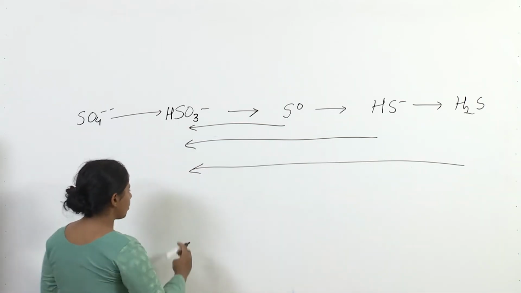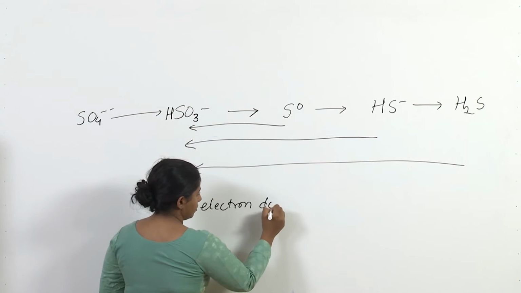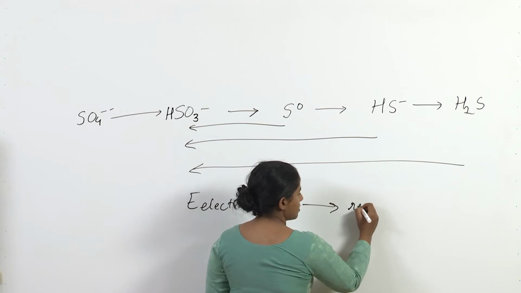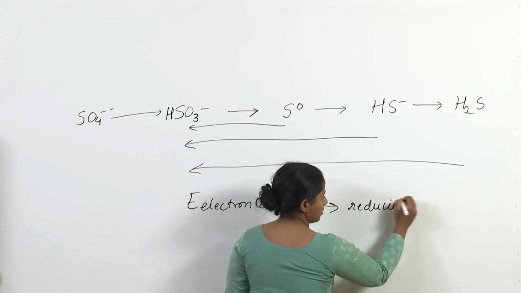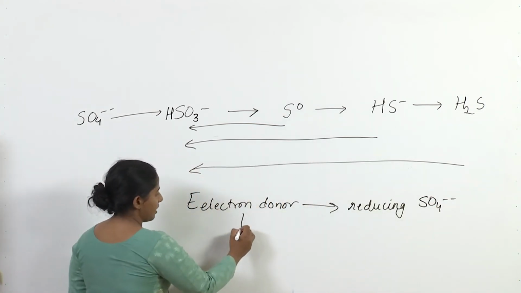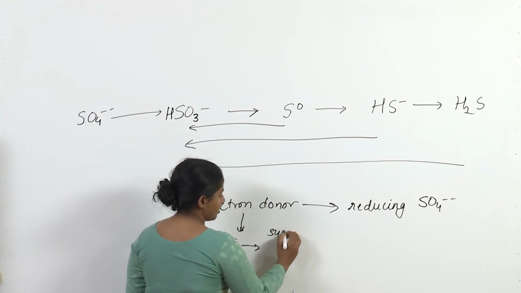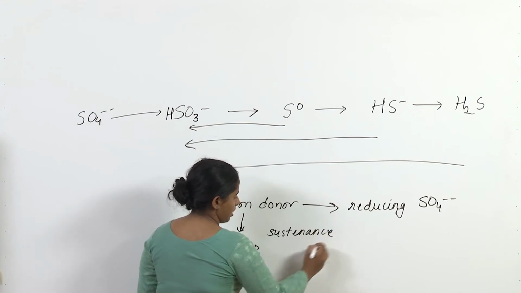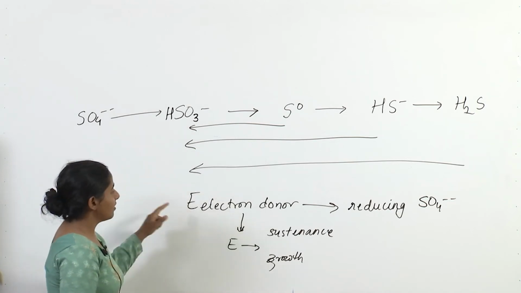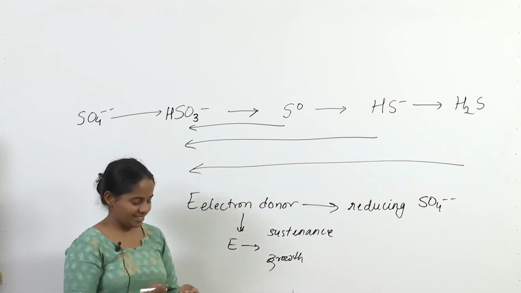So the energy that they get from the electron donor, part of this energy is used in reducing sulfate, and still there is a pretty good chunk of energy left that microbes can use for their day-to-day sustenance and for their growth. And this is how microbes, under extreme distress, can reduce sulfate and sulfide.